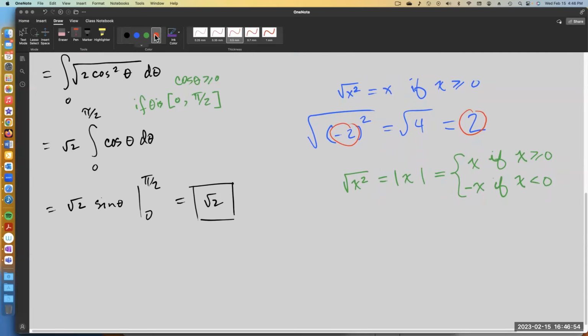So I'm just going to write something here because I know at least one of you is thinking this. If you had that, so now we're in quadrant 2 where cosine is negative, the answer here would be that.